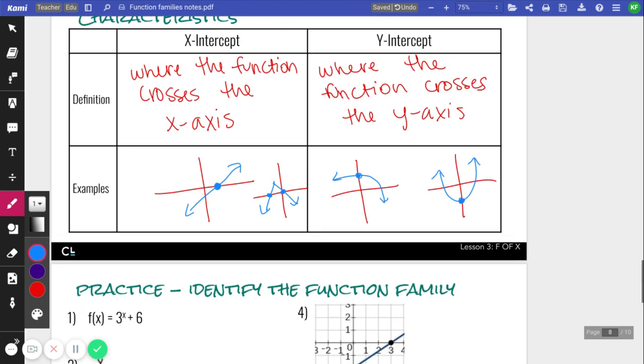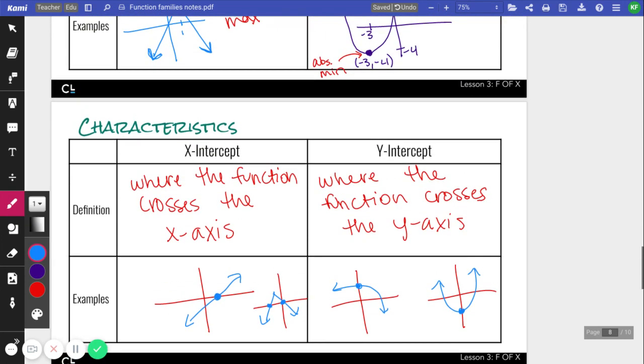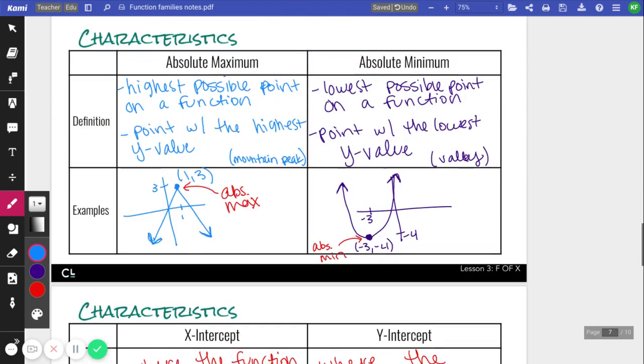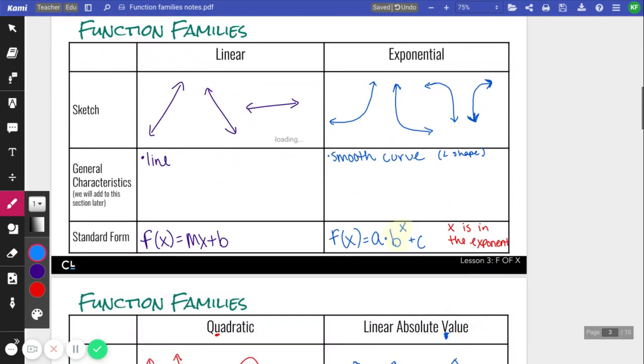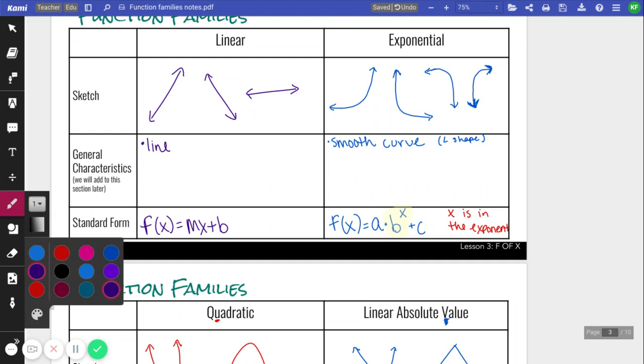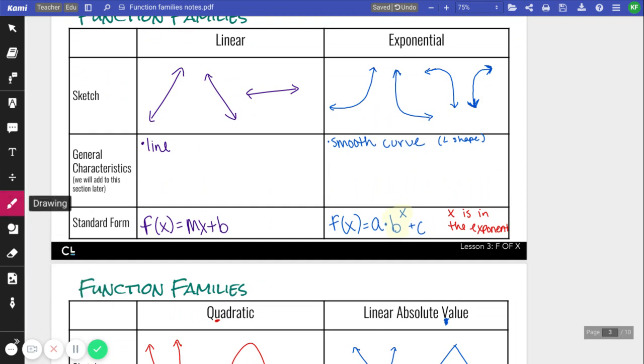Now, the last thing I'm going to go through is I'm actually going to go back up to the function families little area where we started and add some characteristics here. So for linear functions, one thing I want you to add, now that we know what these things mean, is that a linear function can either be increasing or decreasing, or it could also be constant, but it's only one of those at a time.